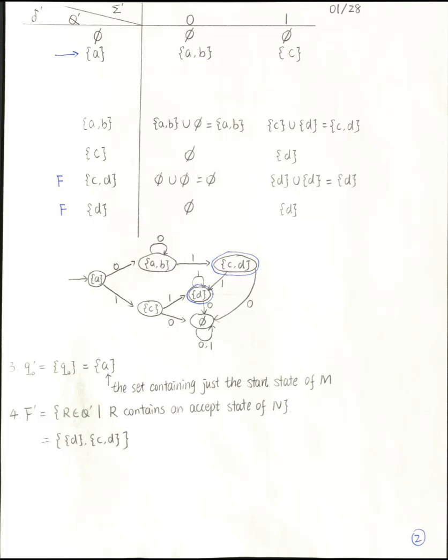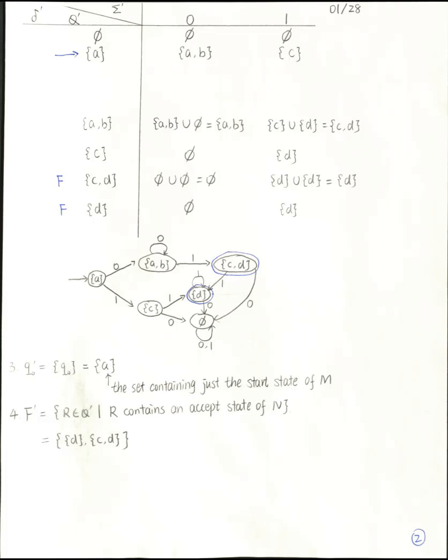I have one state D now. From D, I can reach the empty set by reading a 0, and I can reach D itself by reading a 1. Now I have two states, the empty set and D, and they are not new states. And I check the left column, there are no states left. So that's the end of the computation for this transition table.